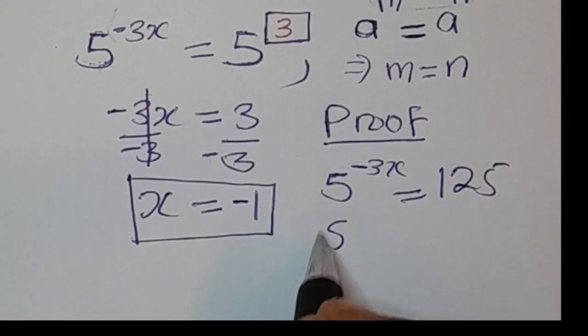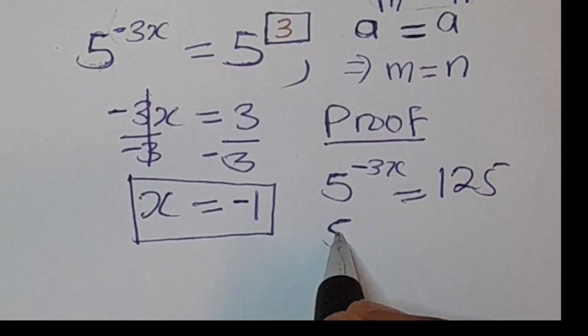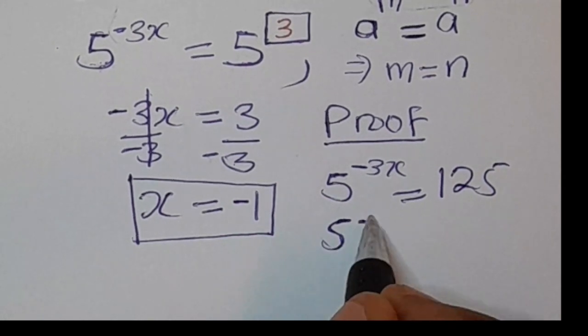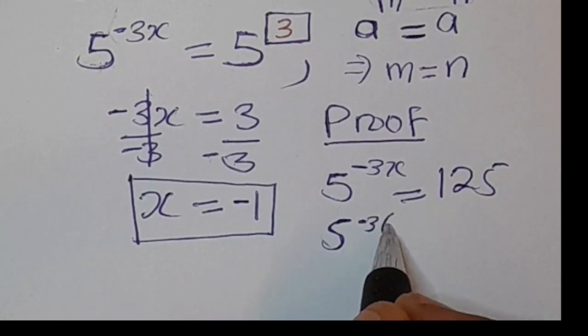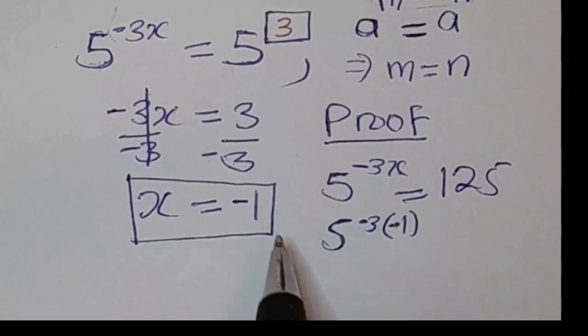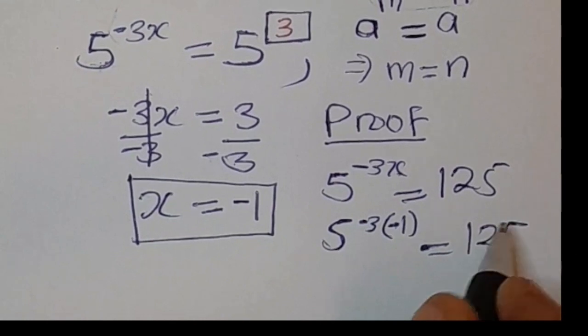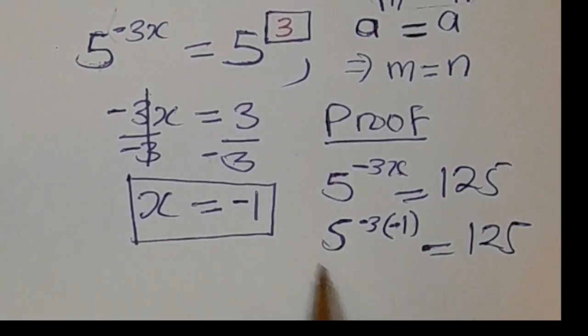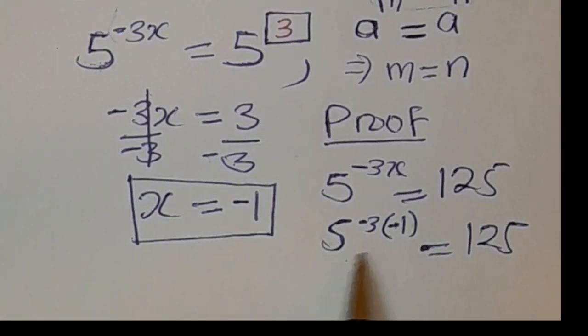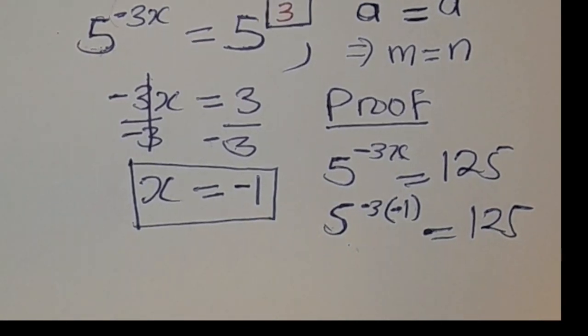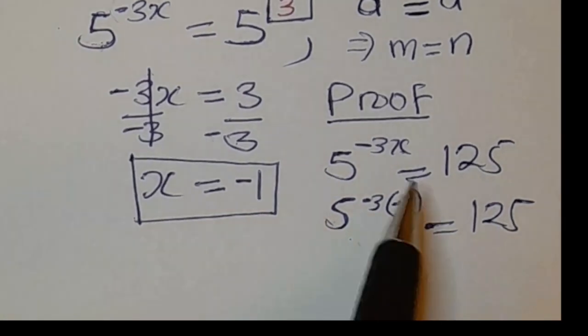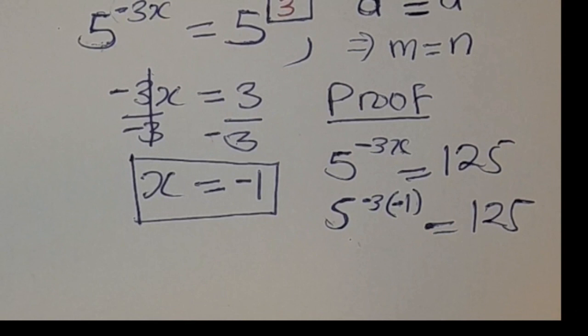So we have 5 to the power negative 3 times negative 1, where there's x we've put negative 1, is equal to 125. On the left you should have 125, and on the right we should have 125. Then the value of x is true.